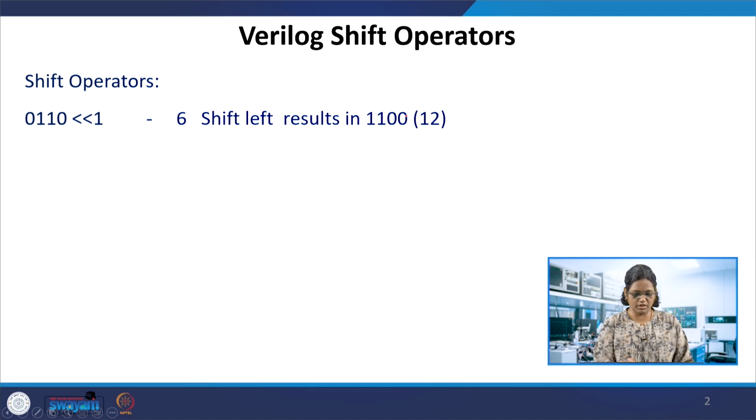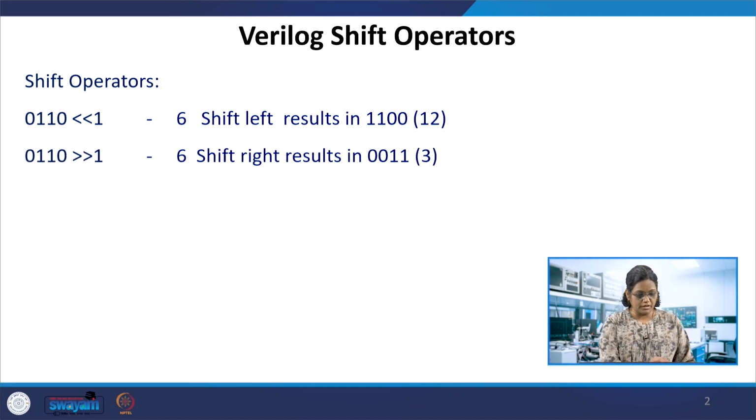And if you right shift 6 by 1, this would result in 3. So this can be used for multiplying a coefficient or dividing it by 2. 6 will be multiplied by 2 if you left shift it, and divided by 2 if you right shift it. So the left shift and right shift operators are known to us.